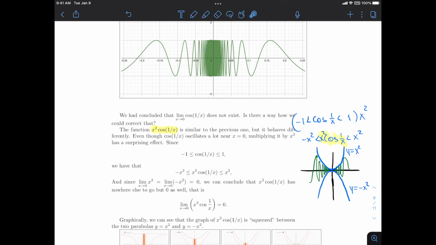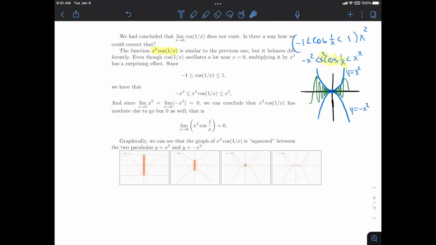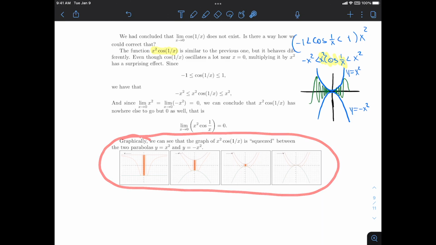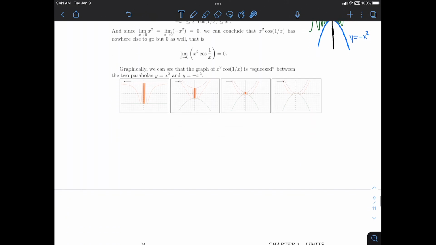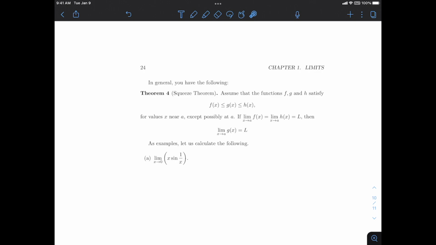There's a more formal way to prove this, but so far I think this is a clear idea. I'll show you a graphical animation of this later, but you can formally state the squeeze limit theorem as such.